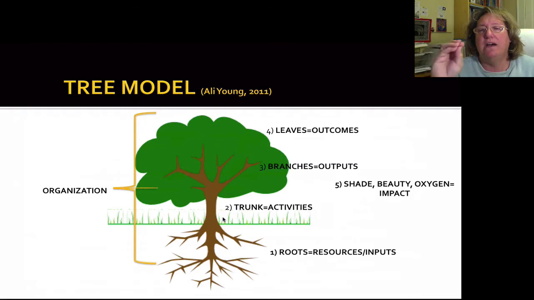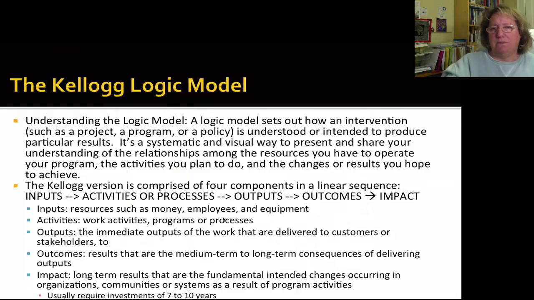And then number 5, can you capture in an evaluation what kinds of long-term impacts have been made, have been imprinted on the community in which you're based, or on the long-term lives of those who've been involved with your services. So your evaluation activity is 3, 4, and 5. Branches, leaves, and shade, right? That overall benefit. So I think that helps.